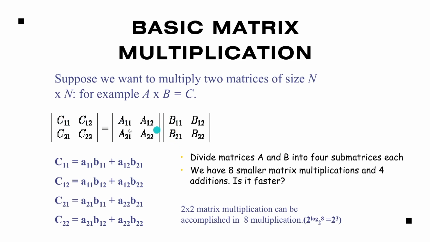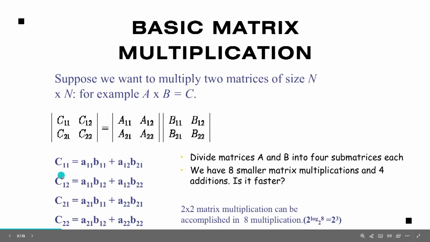So, C11 has been obtained by A11 into B11 plus A12 into B21, and that is how we have got the first element of the resultant matrix C.